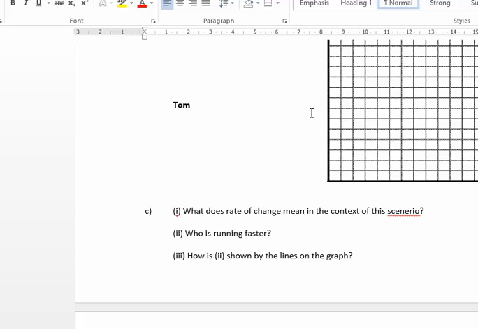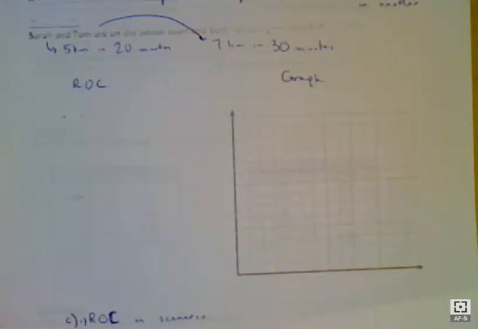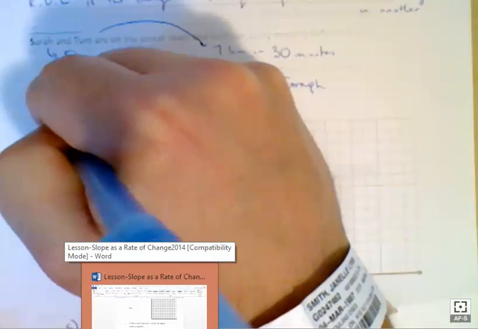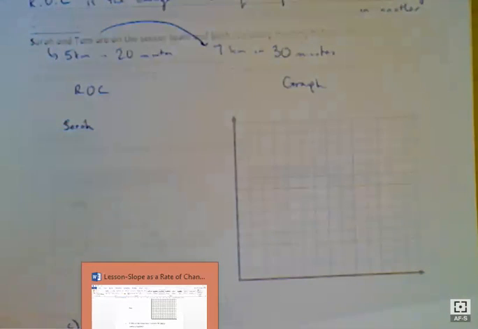All right, back to our note here. Let's do the rate of change for Sarah first. When we work with distance and time, we're usually looking for some kind of speed.